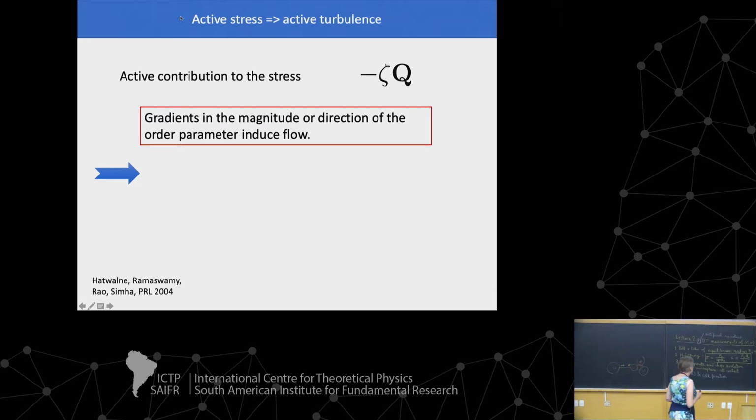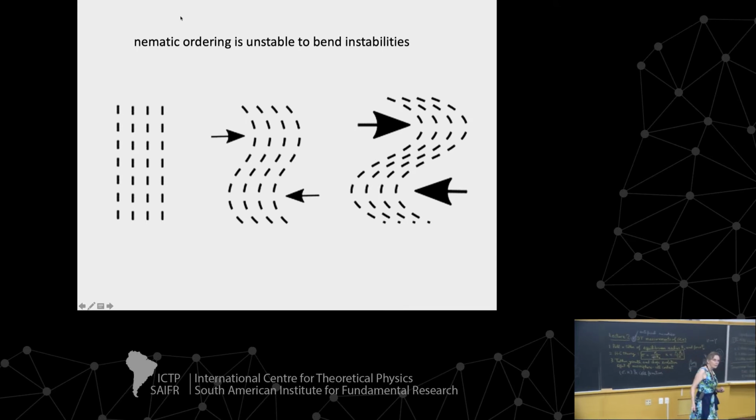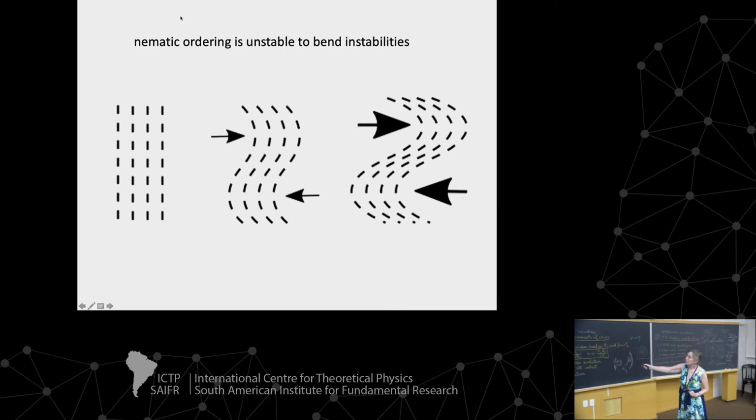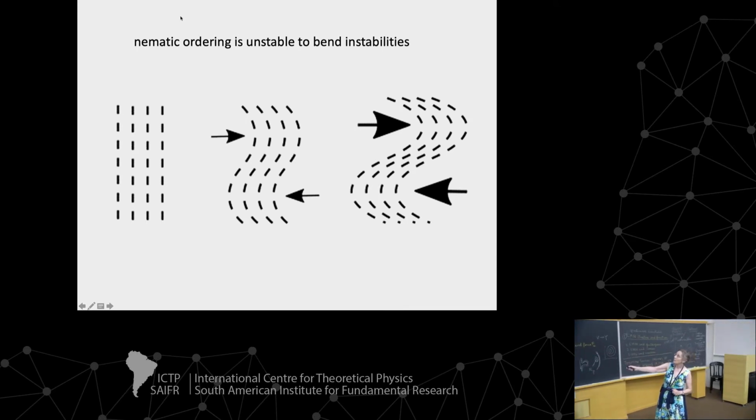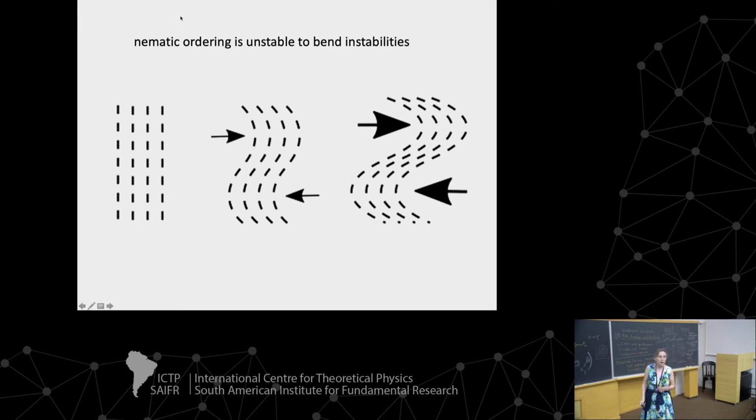Let's see how that works in pictures. Here's my perfect nematic, all nice and lined up. And there's going to be a little fluctuation, which does this to the nematic order. This is a little bend instability. Gradients in the nematic order, where it changes from place to place, induce flows.